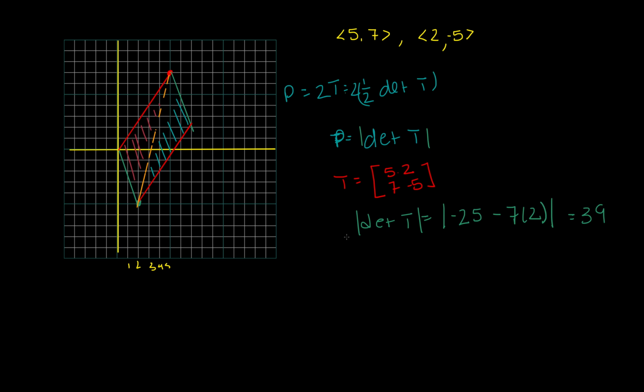We can have negative area, but when we're looking at this, we're kind of looking at how much space the parallelogram takes up no matter what quadrant we're in. So the area of the parallelogram is 39.